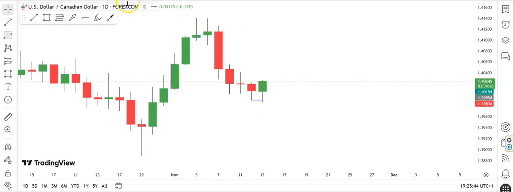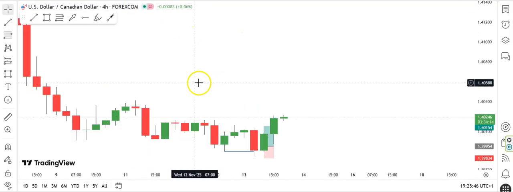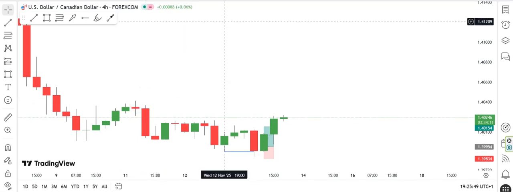Now if you go to the 4-hourly time frame, what we also noticed here was this sell side liquidity. As you can see from yesterday, market formed this higher time frame sell side liquidity, and whenever market forms this kind of liquidity, when the market is approaching that level again, we want to see a potential lower time frame reaction and shift there.